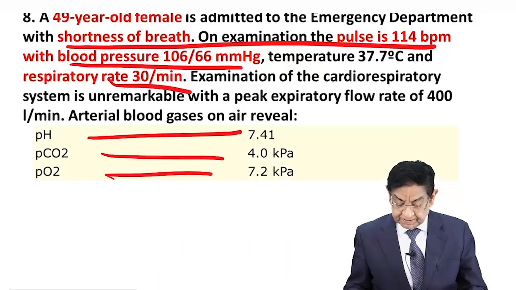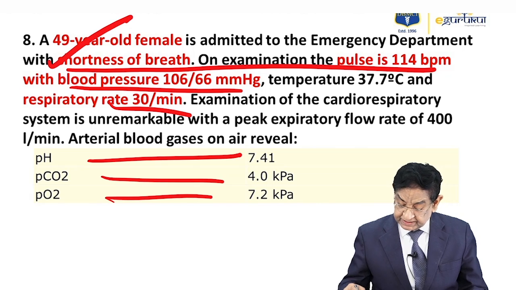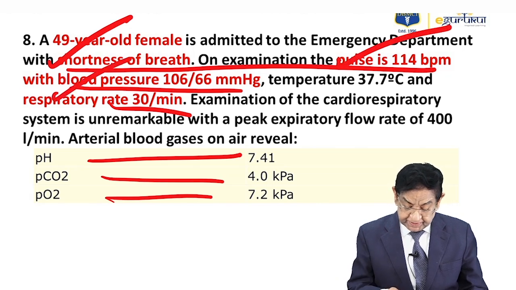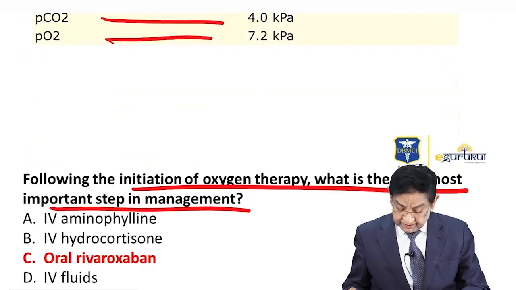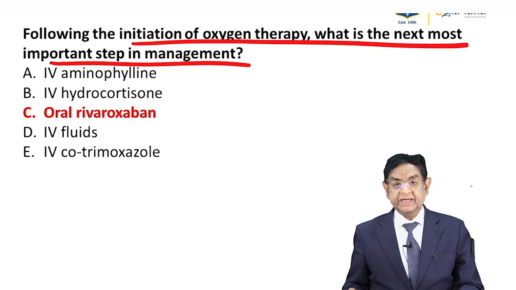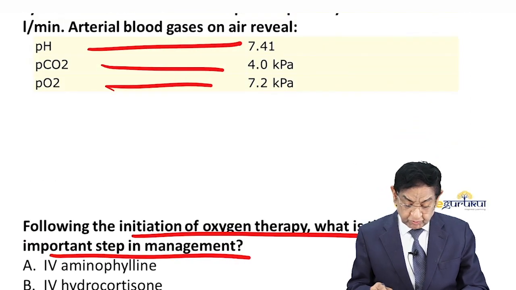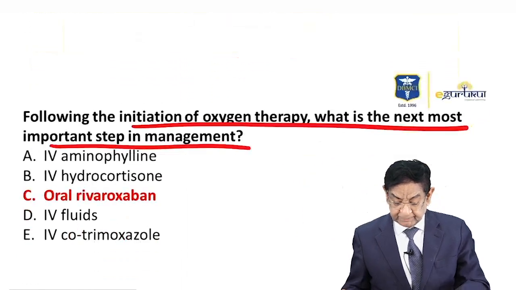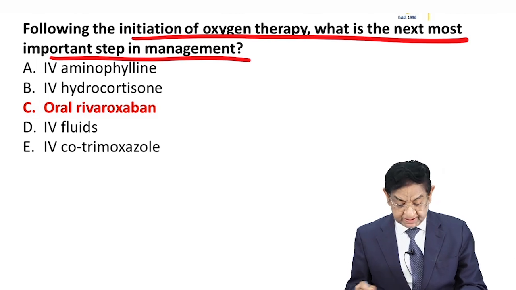You suspect the patient has shortness of breath, tachycardia, low BP, high respiratory rate, and you are suspecting a case of pulmonary embolism, with low PaO2, hypoxia is there. Then what is the first line treatment?